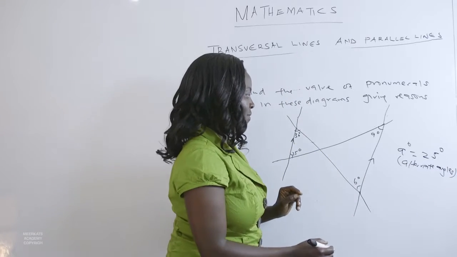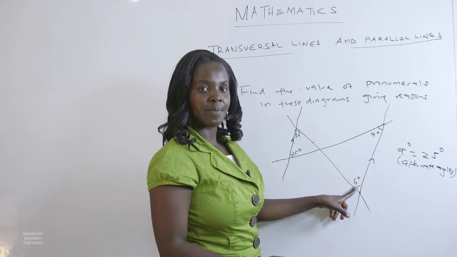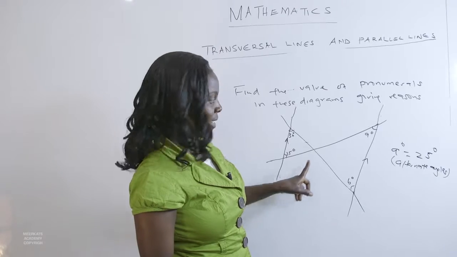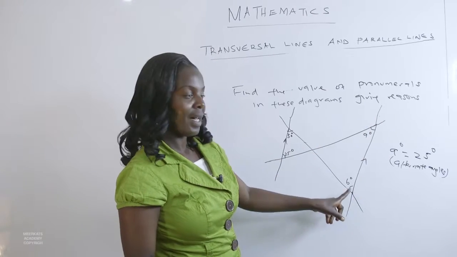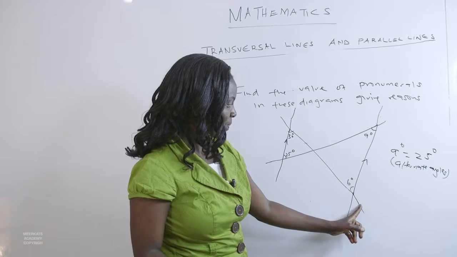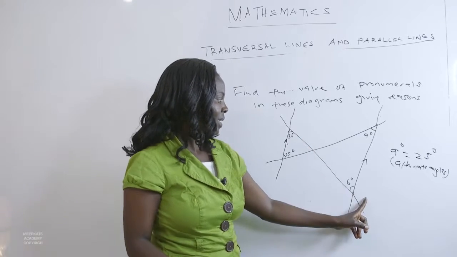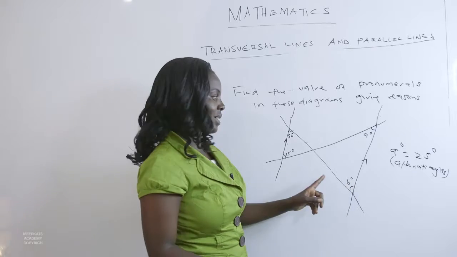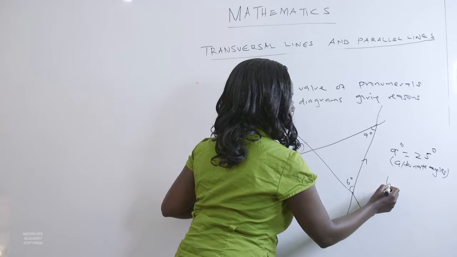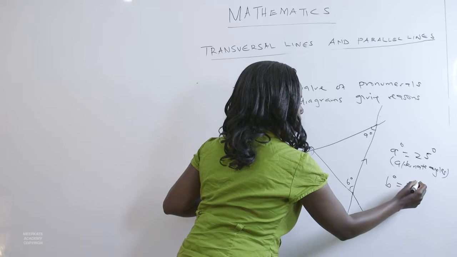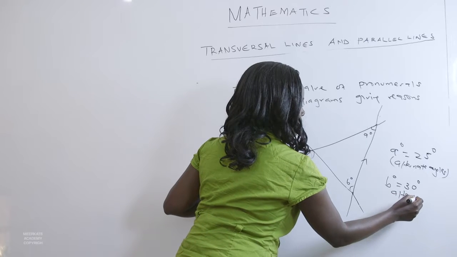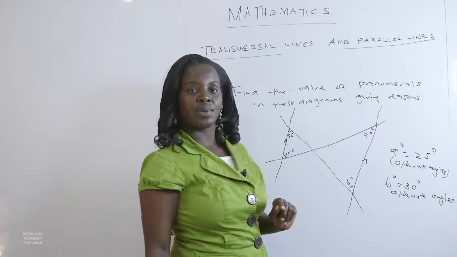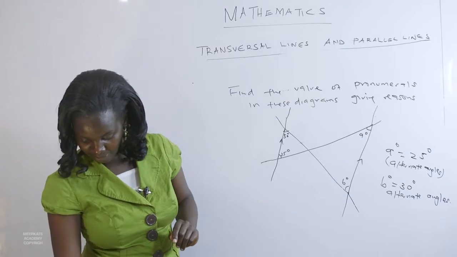So A is 25. What about B? Again, we have this parallel line, which is parallel to this, and then we have a transversal here. You realize that 30 degrees and B are also alternate angles.